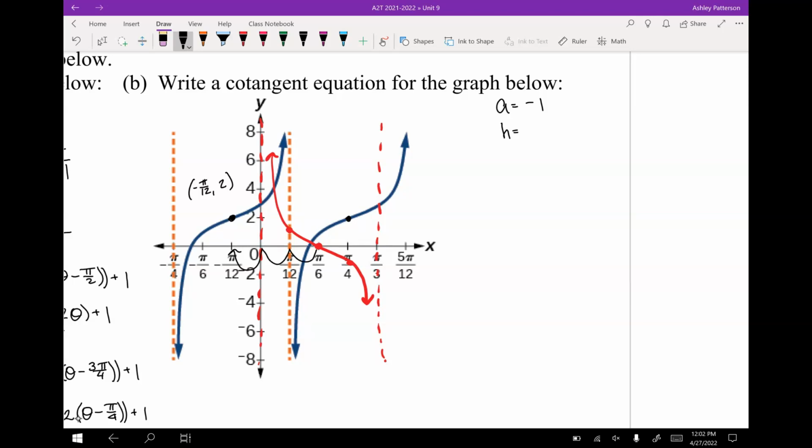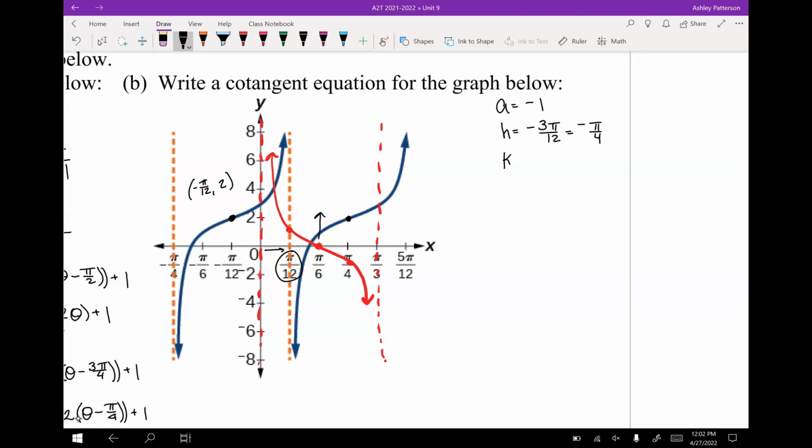We went 3 units to the left. Each unit is pi over 12. So I went to the left 3 pi over 12 units, which is negative pi over 4 radians in reducing.